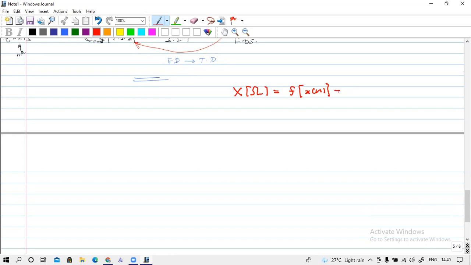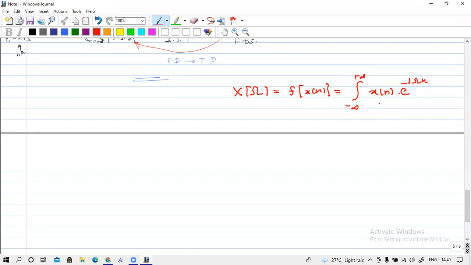The identity is the sum from minus infinity to plus infinity of x[n] e to the power minus j omega n. Correct? Is this the Fourier transform?